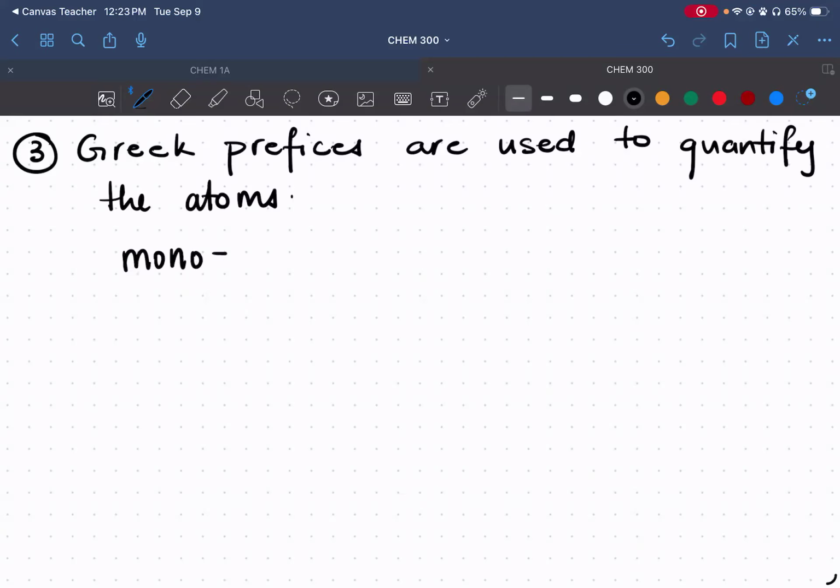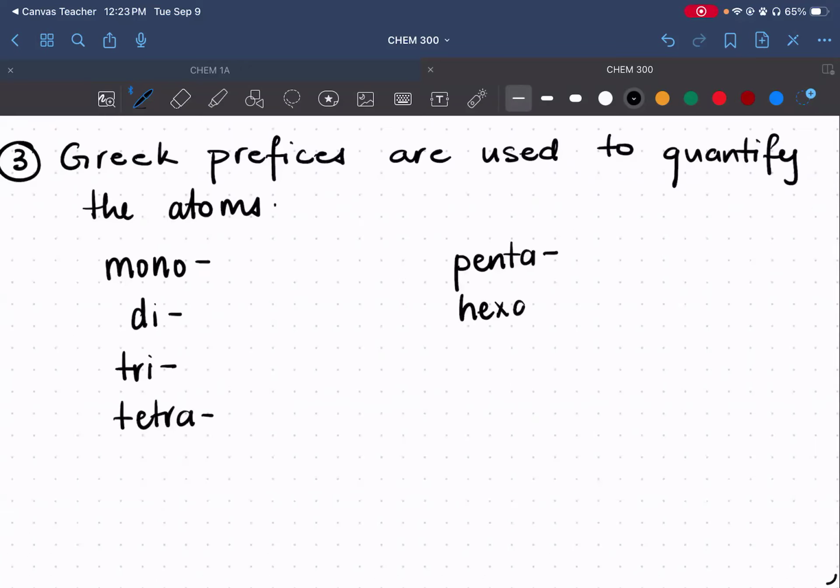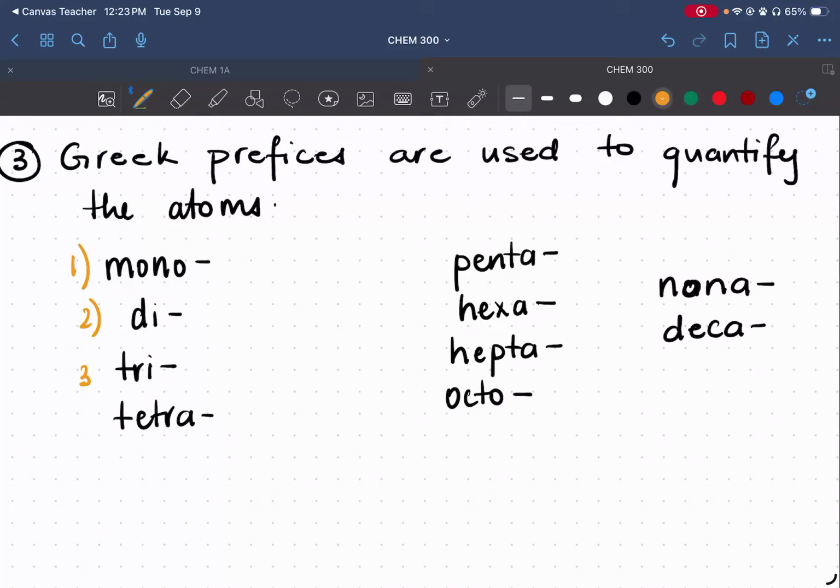There is mono, di, tri, tetra, penta, hexa, hepta, octo, nona, and deca. This, of course, refers to the numbers 1, 2, 3, 4, all the way to 10.